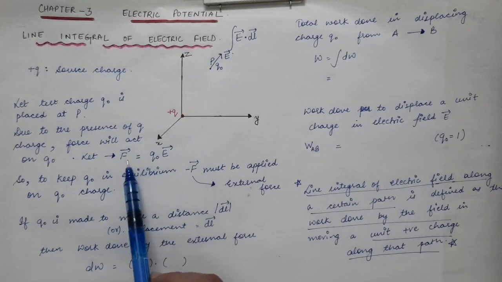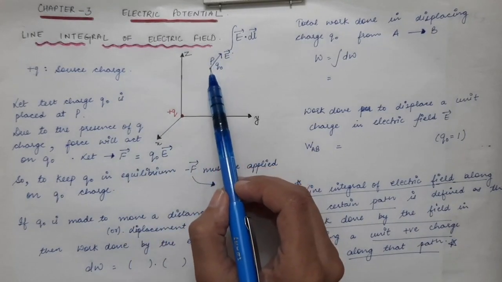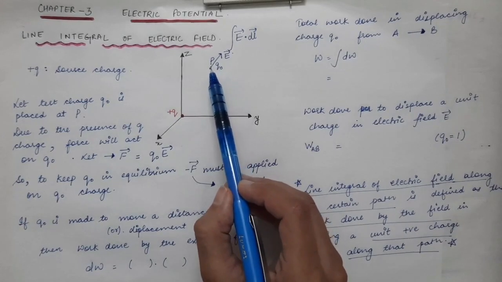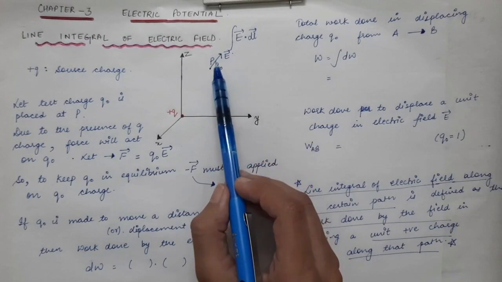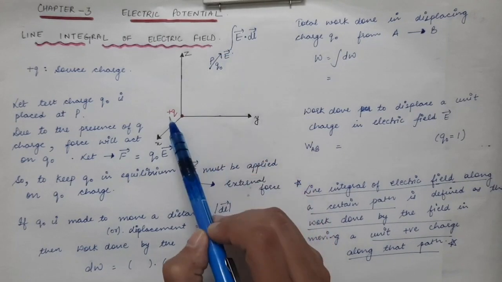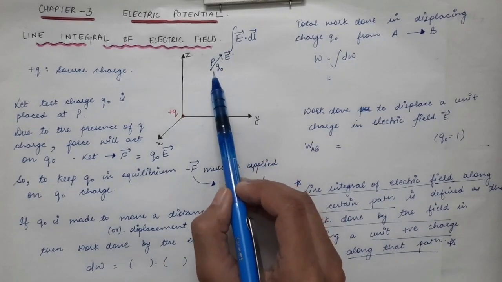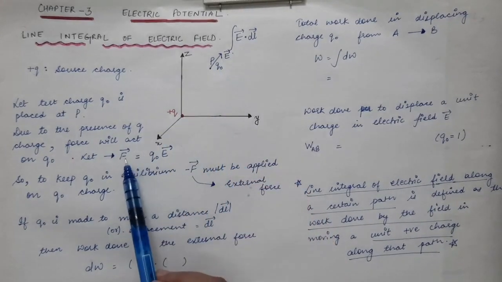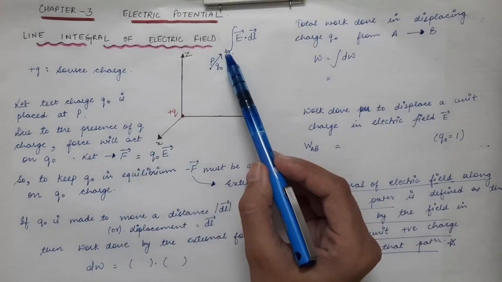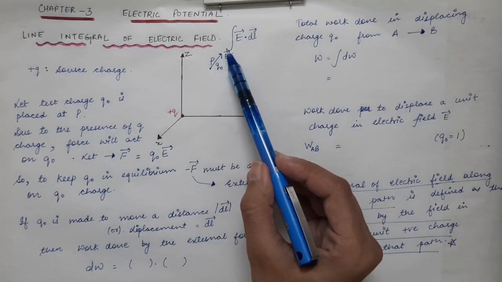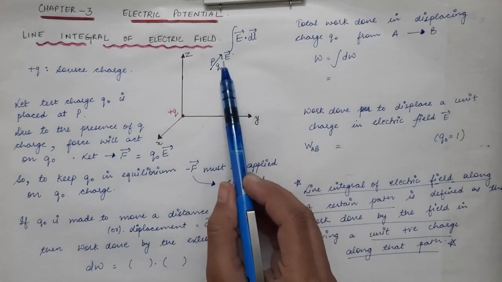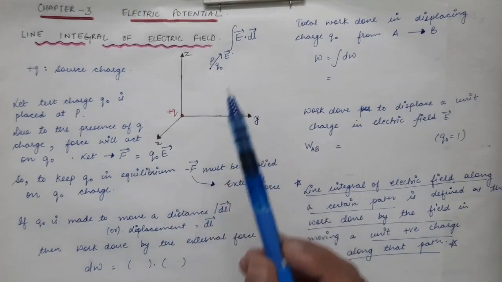F vector is the force which is acted upon this test charge by the source charge, and due to this force there will be repulsion between plus Q and Q0 charge, and hence the test charge Q0 will tend to move away from the source charge. So to keep this test charge stationary, we have to apply an equal and opposite force. The same force has to be applied, but in the opposite direction, so that this charge can be made stationary.